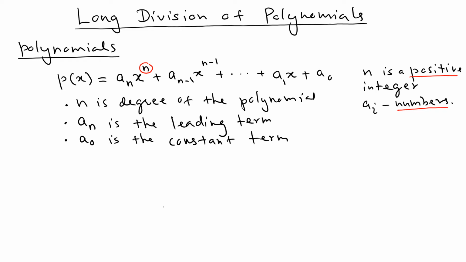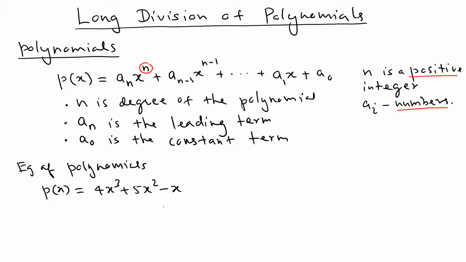So let's look at a few examples. Examples of polynomials. Let's say P(x) is 4x cubed plus 5x squared minus x plus 7.